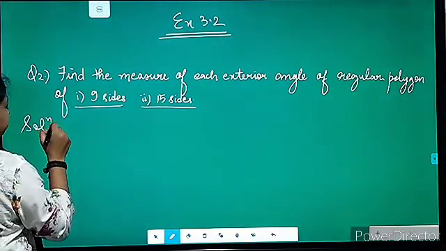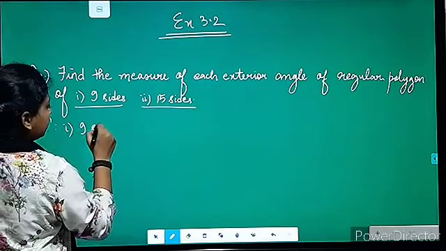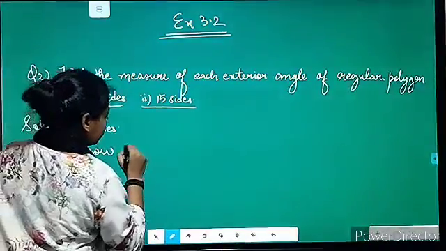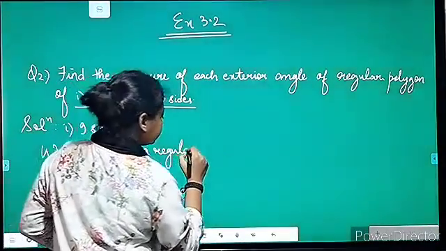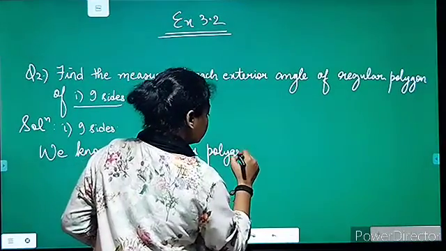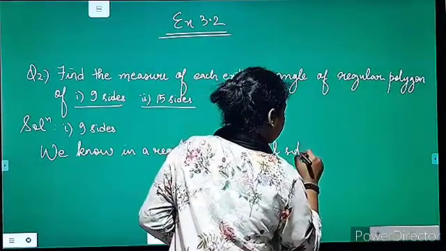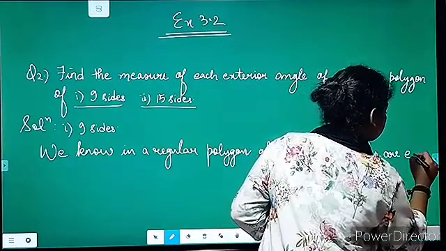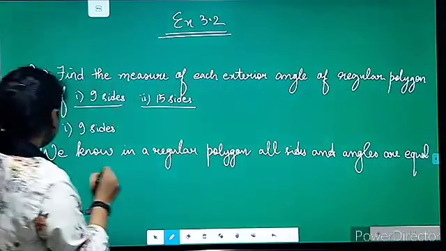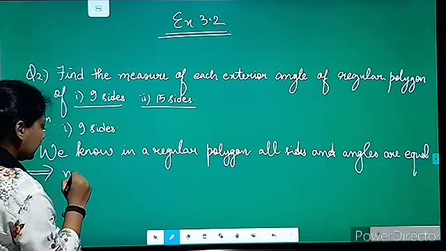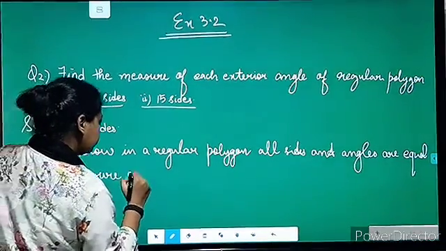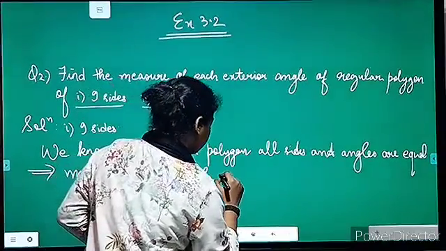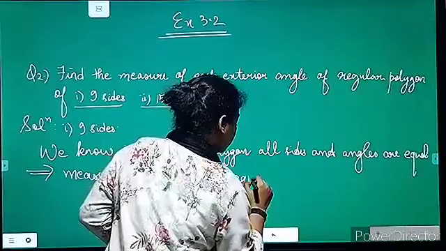So solution. First part, 9 sides. First of all, we know in a regular polygon, all sides and angles are equal. This implies the measure of each angle is equal.